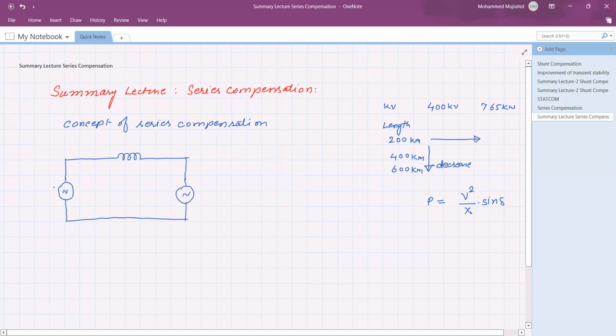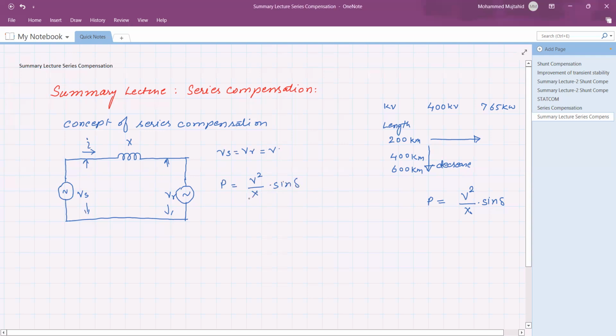This is the sending end voltage Vs, the receiving end voltage is Vr, the reactance of the transmission line is X, and the current flowing in this is I. If we consider that the magnitude Vs is equal to Vr is equal to V, the power P is V square upon X into sine delta.